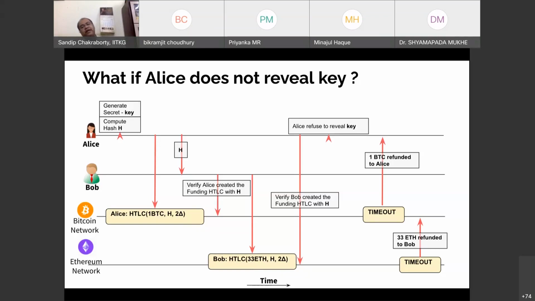This concept of HTLC became very popular not only in the academic community but also in the industry, and different exchanges have now started using this kind of hash time lock contract based architecture so that they can ensure the transfer of money in a trusted but guaranteed way.